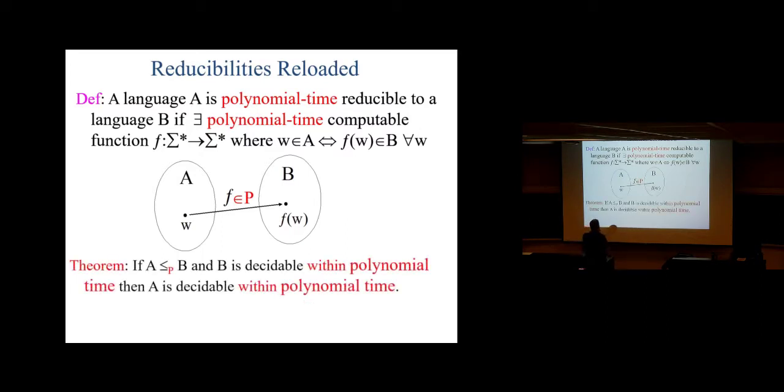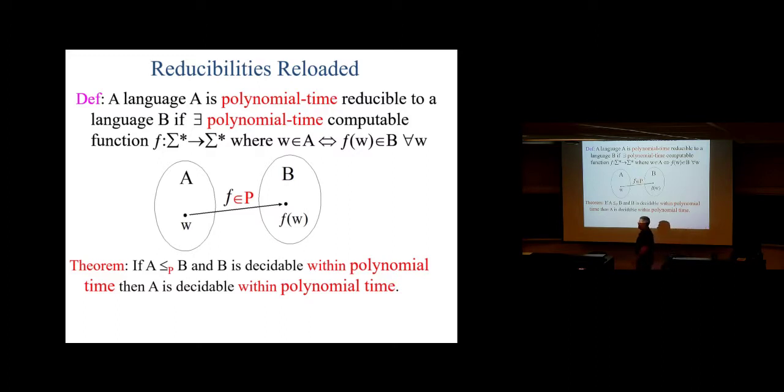So a few theorems come up right away from this kind of abstraction, reducing a problem A to problem B. If A reduces to B and B is solvable, decidable means just solvable. And in complexity theory, decidable means has an algorithm. But solvable within polynomial time, then A is solvable within polynomial time too.